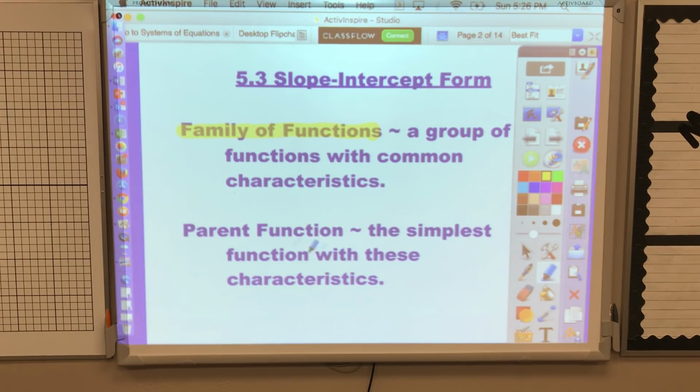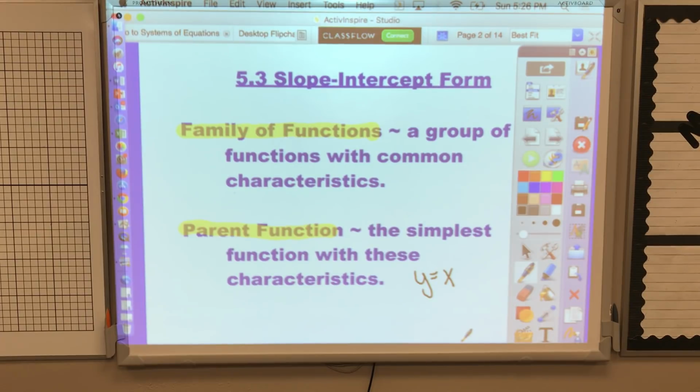A parent function is the simplest function with these characteristics. And what that looks like is y equals x. That's the most basic type of linear function there is, making it the parent function.